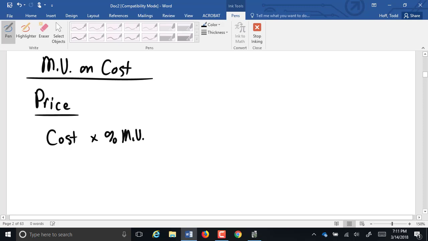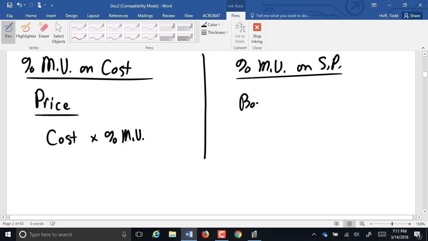To get that markup. So for pricing objects, it's really easy if you have that markup percent on cost to just mark it up and find the price you're going to sell it for. But when it comes to bookkeeping, percent markup on selling price is more beneficial.